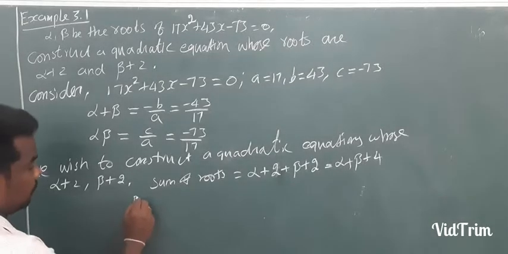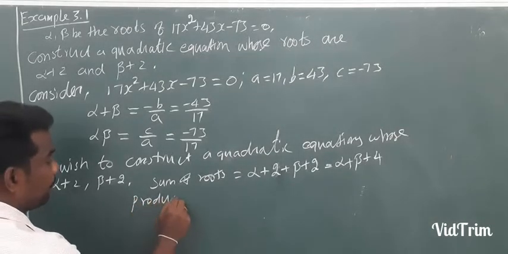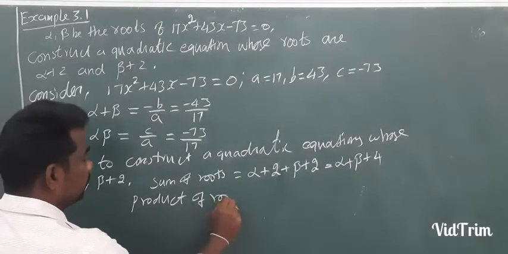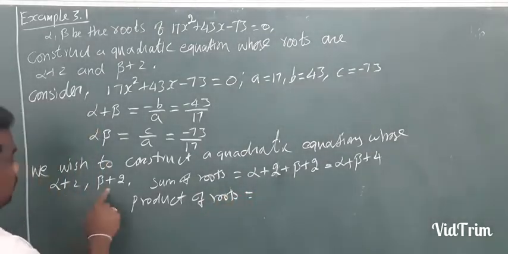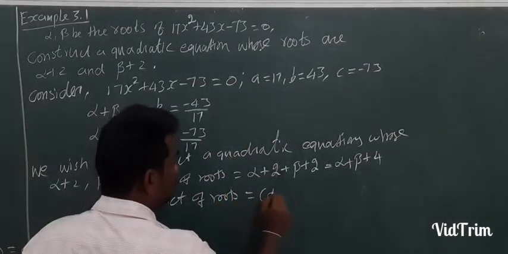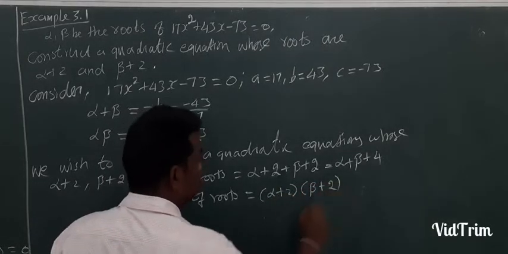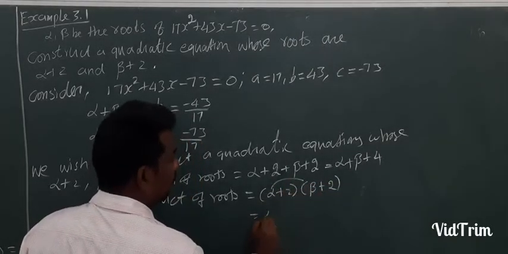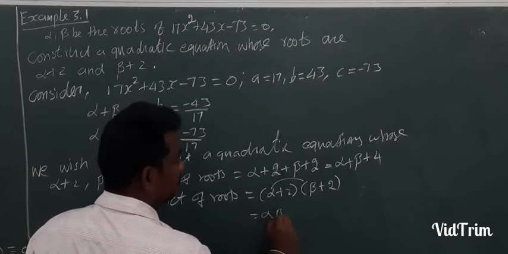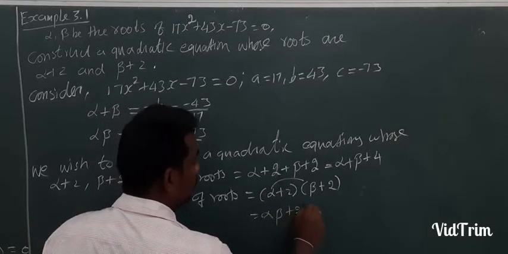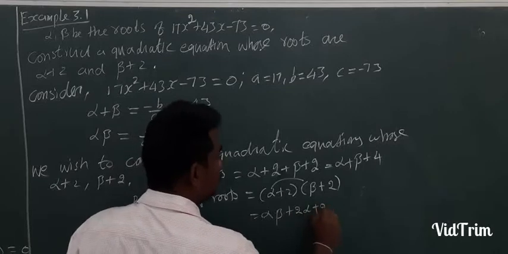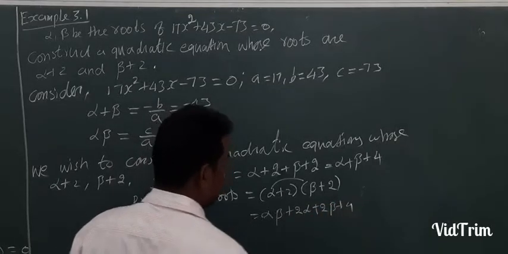Next, the product of the roots. The product of roots is equal to, we just multiply alpha plus 2 into beta plus 2. We multiply alpha into beta, plus 2 alpha plus 2 beta plus 4.